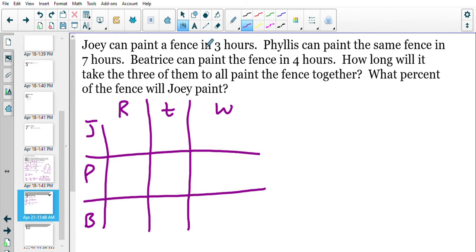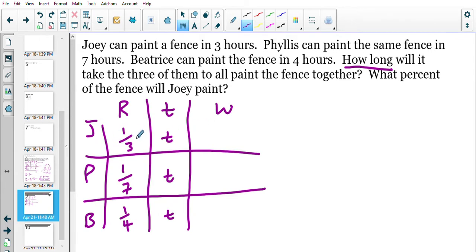So Joey can paint a fence in 3 hours, so his rate is 1 fence per 3 hours. Phyllis's rate is 1 fence per 7 hours, and Beatrice's rate is 1 fence per 4 hours. The question we're trying to answer is how long. So in other words, we don't know the time. So we'll just use T. T is the time that they work.